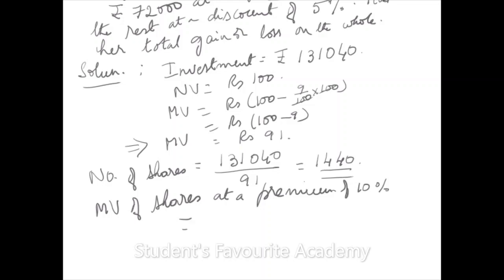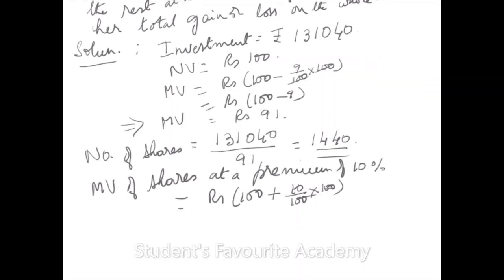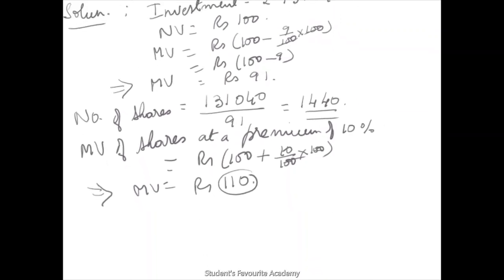Nominal value is 100. So 100 plus 10% of 100, that implies market value is equal to rupees 110. Right? Okay, children, you have to understand here a very important thing.